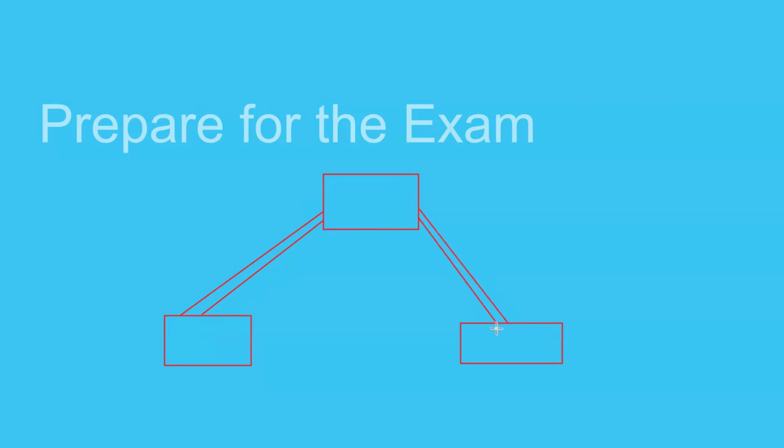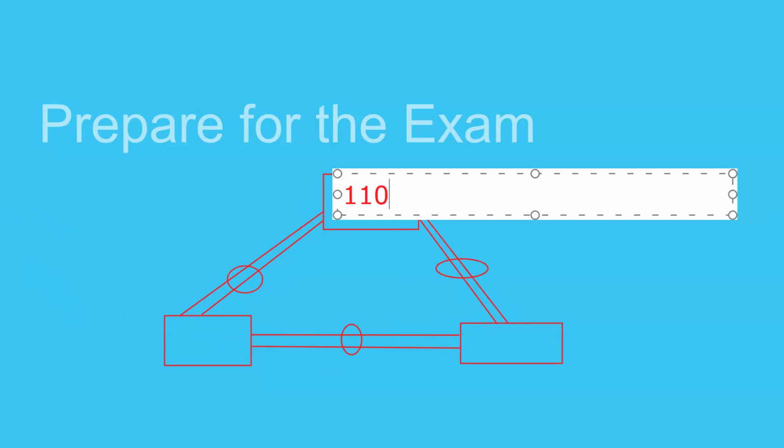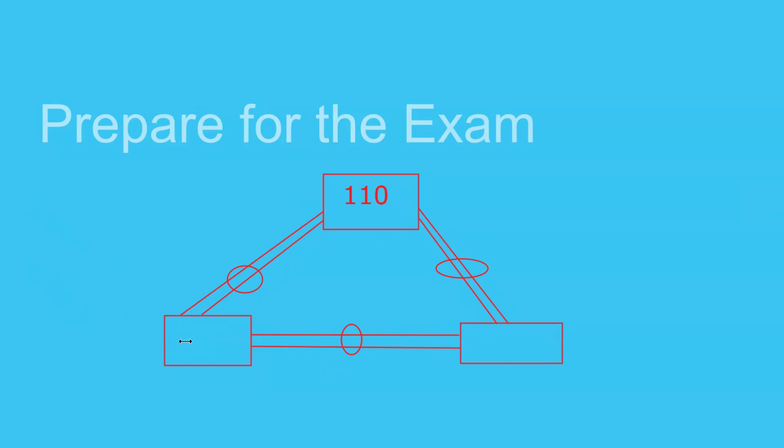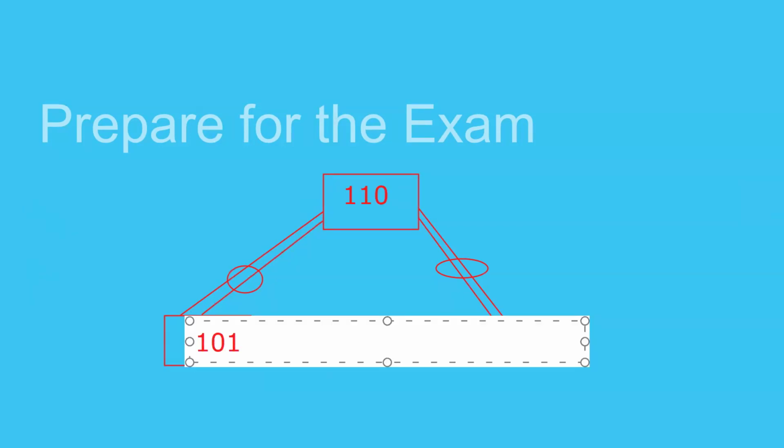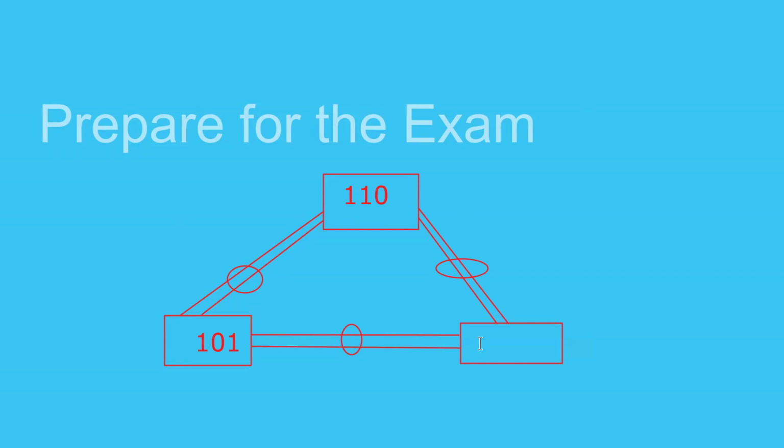So you have such type of connectivity, right, where you have to fix the port channel. And then this is port channel 1, port channel 2, port channel 3. I'll write it. This is switch number, for example, 110. This is switch number 101. And this is switch number 102.